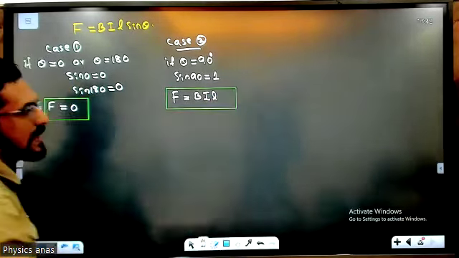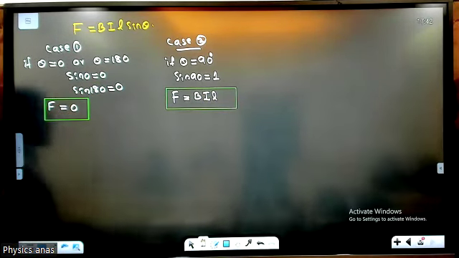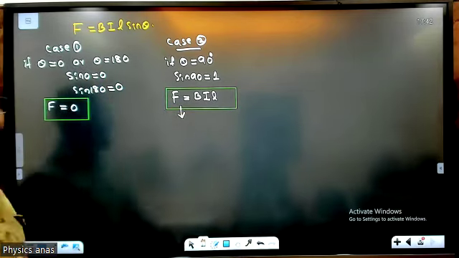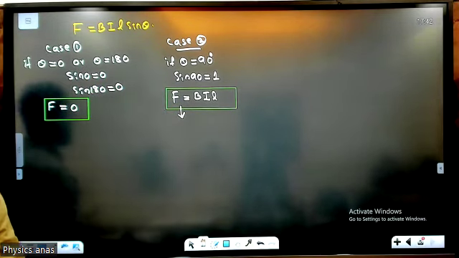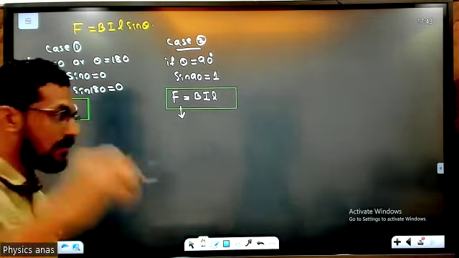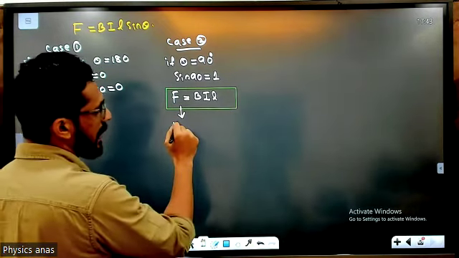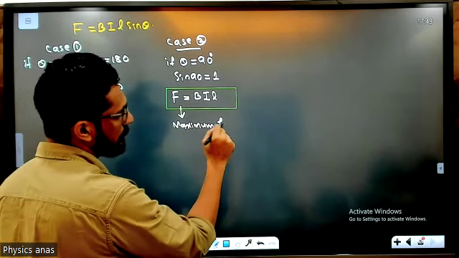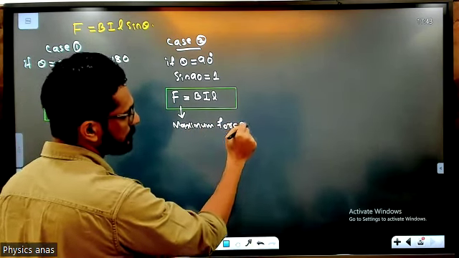BIL is the maximum force because sine 90 is the maximum value of the sine function. So this is the maximum force on the conductor.